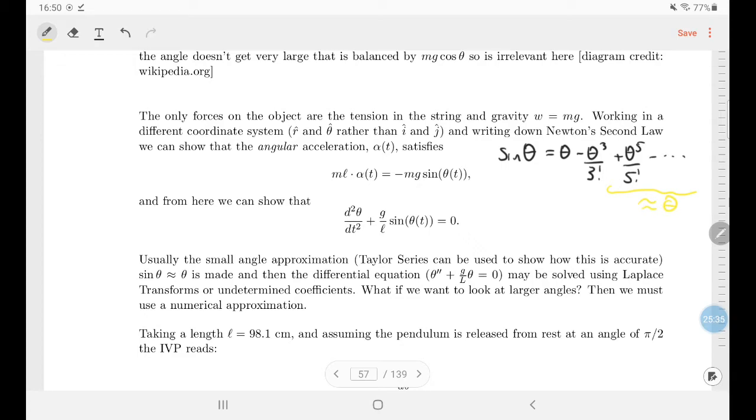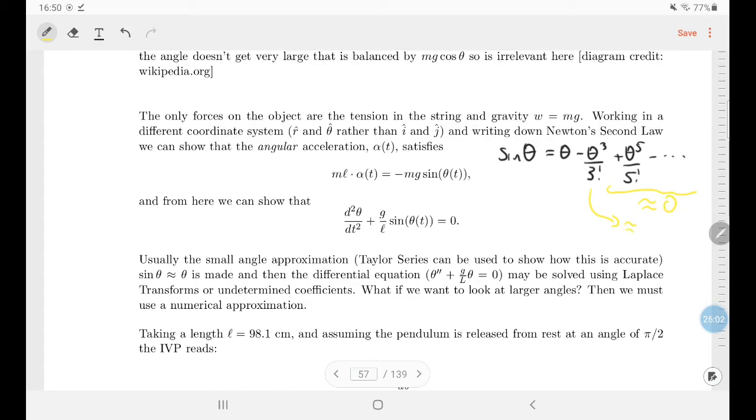And if you keep the angle less than 5 degrees, which is about 0.1 of a radian, say theta is 0.1, then theta cubed over 3 factorial is very, very small. I said that this is approximately theta, that's nonsense, this is approximately 0. Sorry, I'm a bit dopey today.